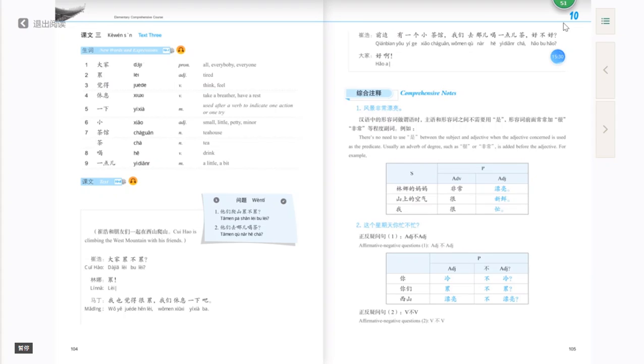Like we have learned 面包, let's eat a little bread, 吃一点面包. So this 一下 and 一点, okay.